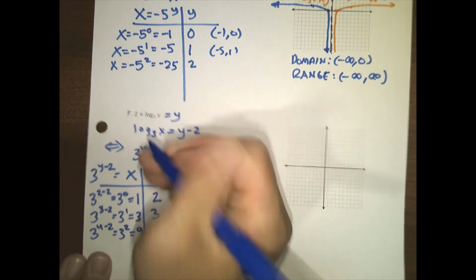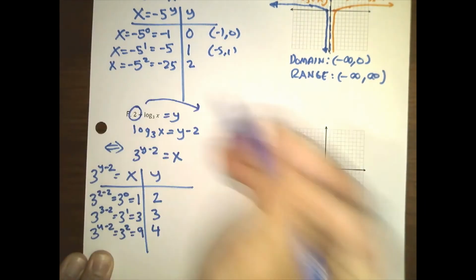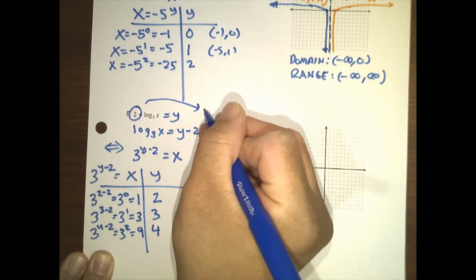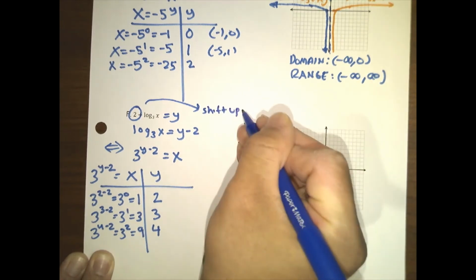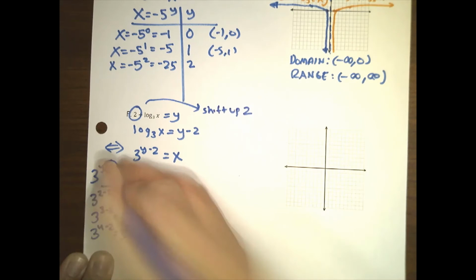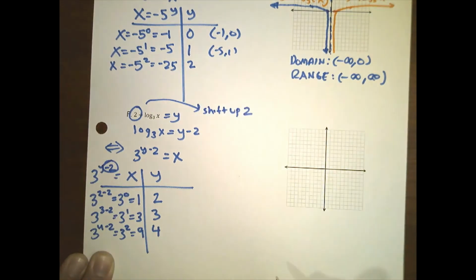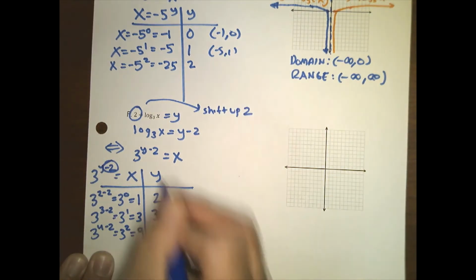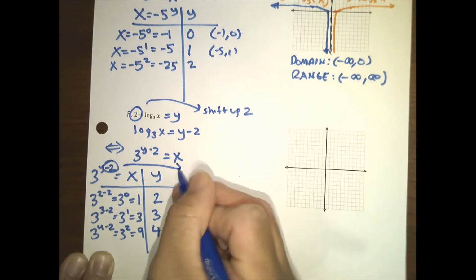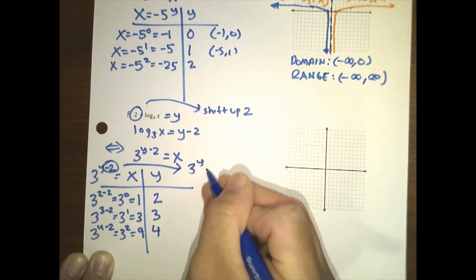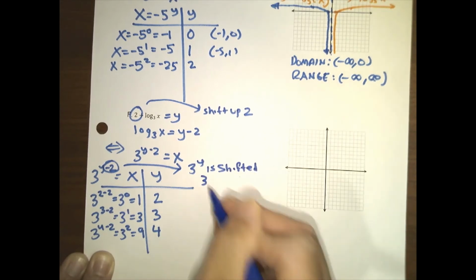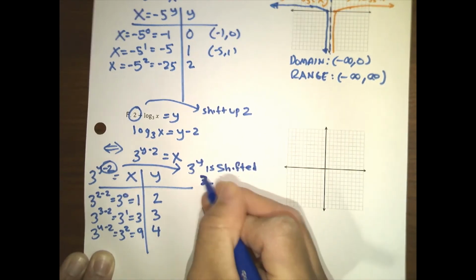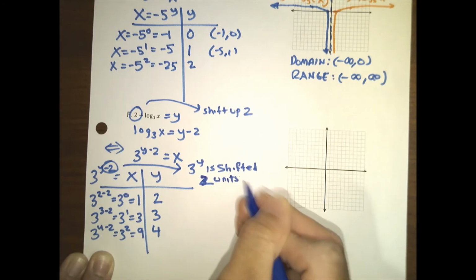Now, remember, this plus 2, you should suspect just means that this should be shifted up 2. Now, here though, the minus 2 is in the exponent, and so that will actually mean that 3 to the y is shifted 2 units to the right.